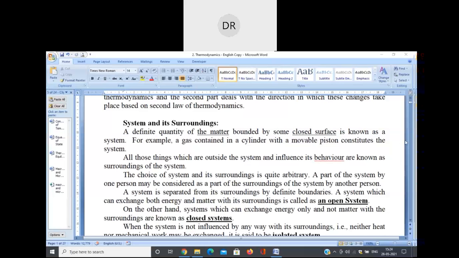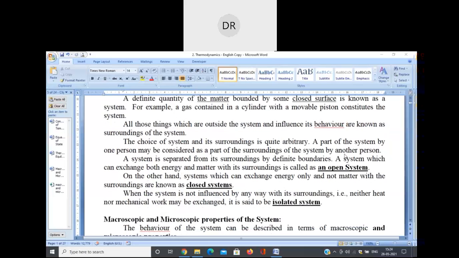That is no problem. Coming to systems, we have three types here: open system, closed system, isolated system. In the case of gas contained in a cylinder with a movable piston, the gas may exchange energy, or the gas itself may come out to the surroundings and enter into the cylinder.